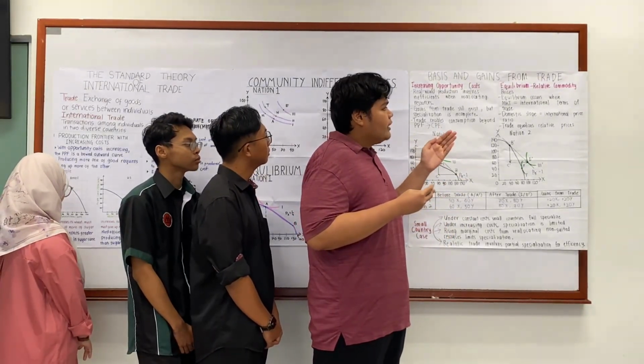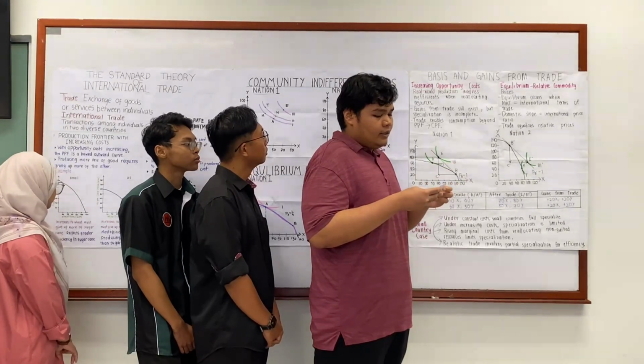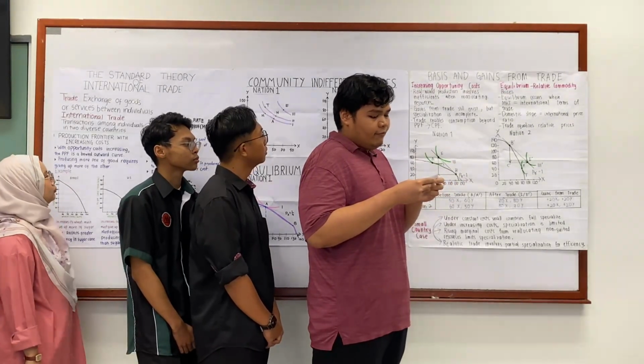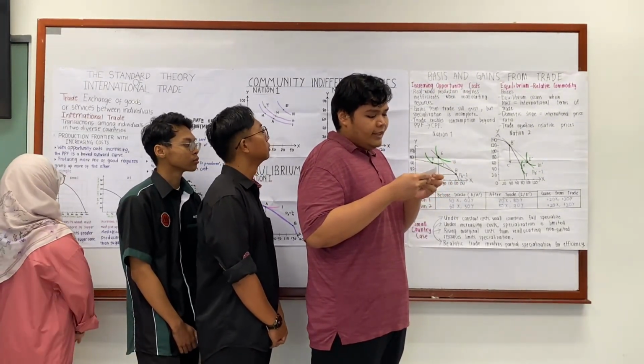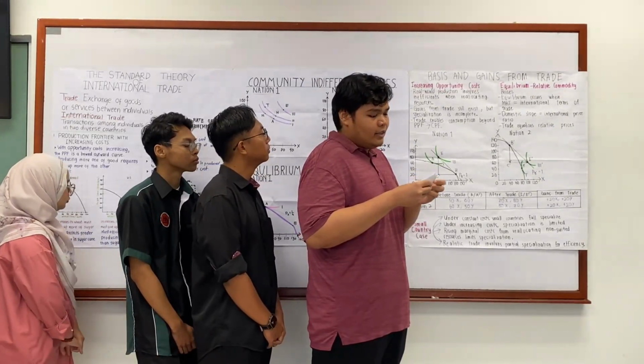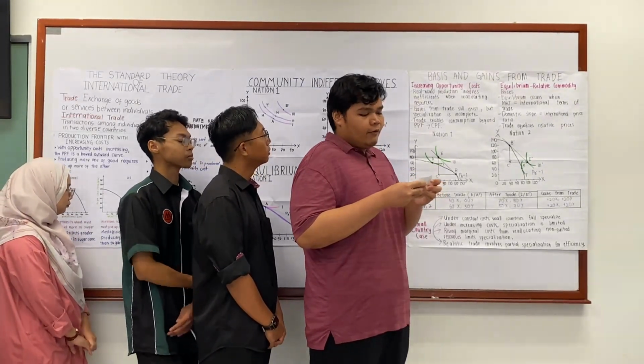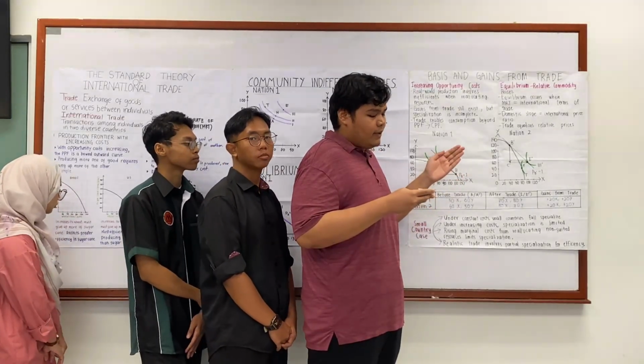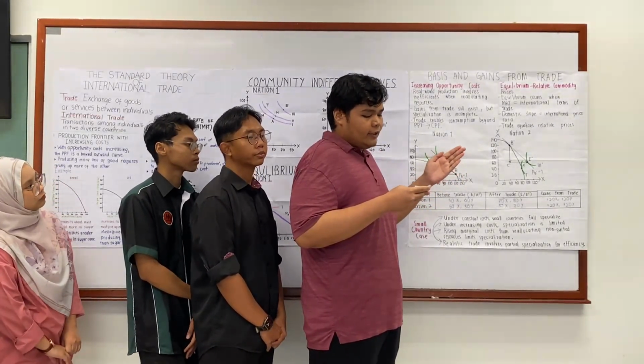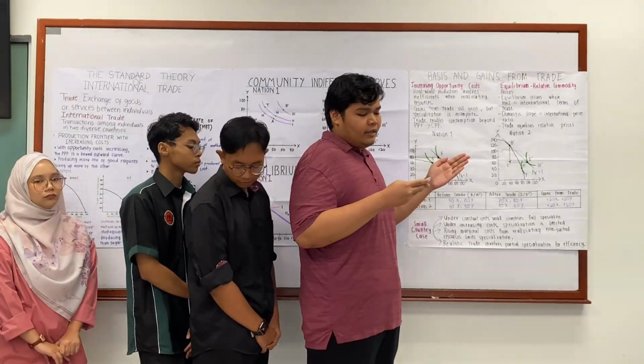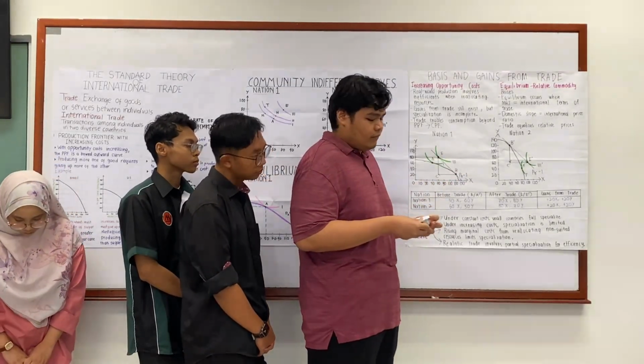Next, I will continue with equilibrium relative commodity prices. In equilibrium relative commodity prices, it affects the trade. It affects relative prices in the trade. Before trade, each country sets its prices based on its own opportunity cost. That is called autarky.